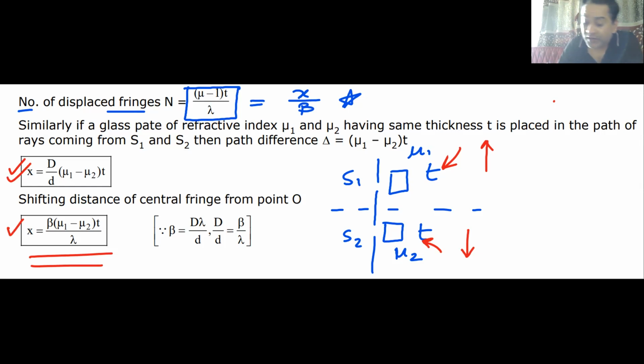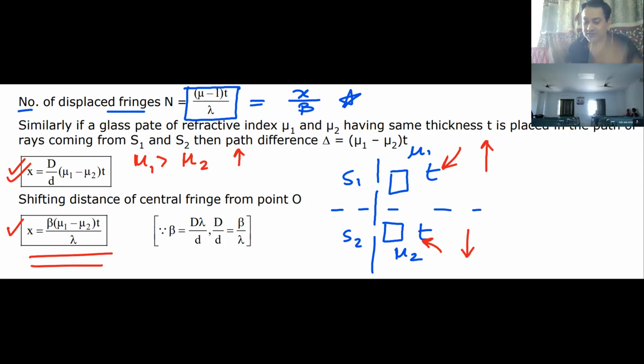Do we understand this? If mu1 is greater than mu2, it will shift upwards. If mu2 is greater than mu1, it will shift downwards.